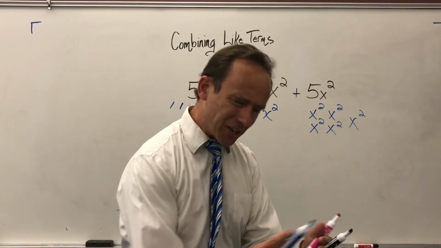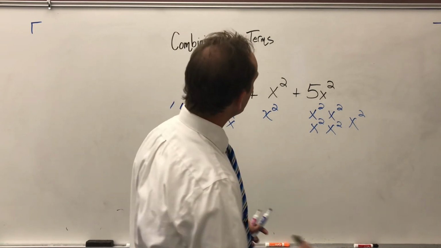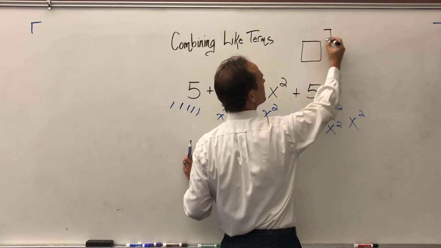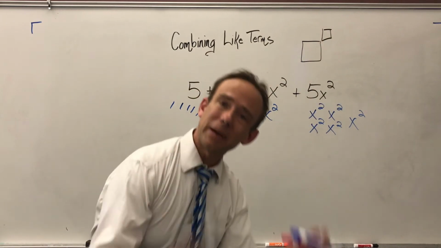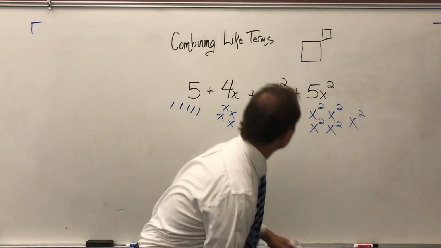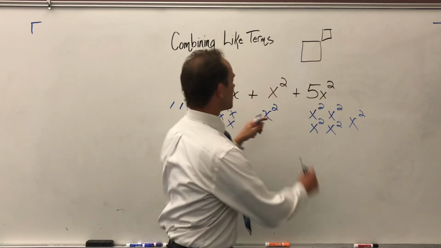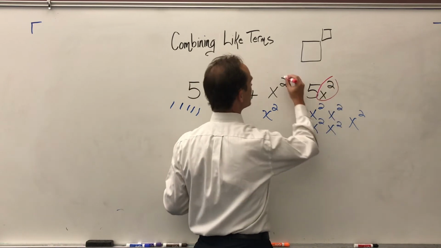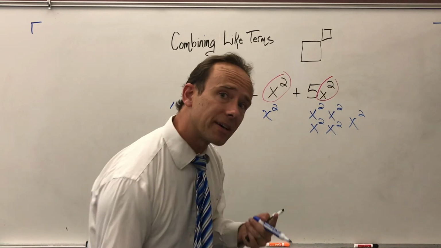See, now you can add these because they're all x squareds. And so when we talk about like terms, what we talk about is that the base and the exponent have to be the same. The base is the thing that carries the exponent. And so if the base and the exponent are the same, like here, then you can add or subtract them.